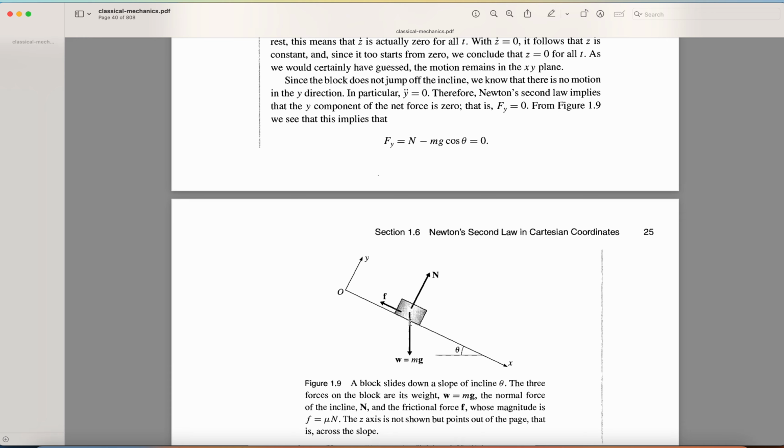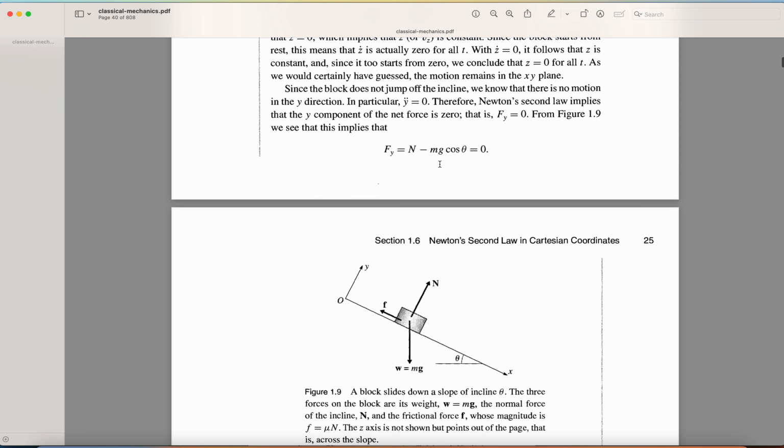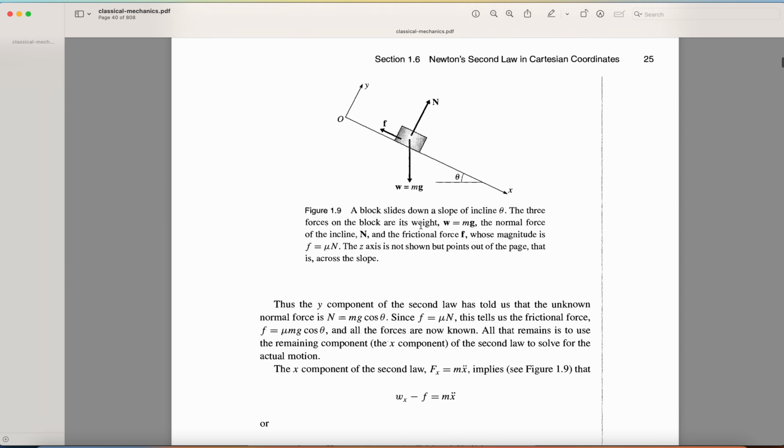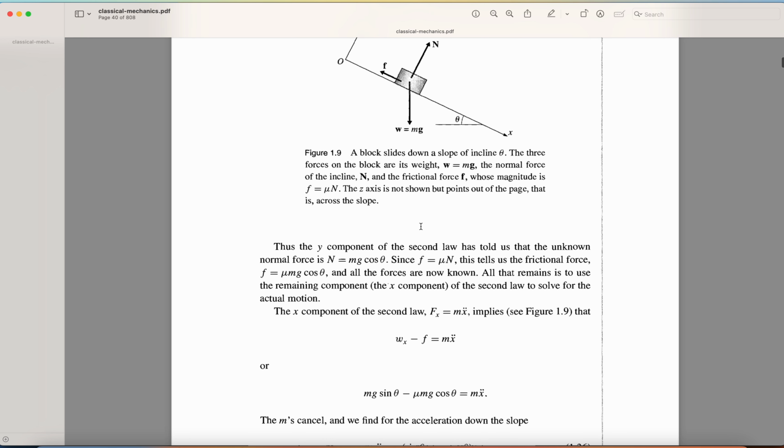And so mg cosine theta is the magnitude of the force pointing downwards against the plane. Those two forces sum up to 0, so you can get some information about the normal force. Yeah, the normal force is mg cosine theta.